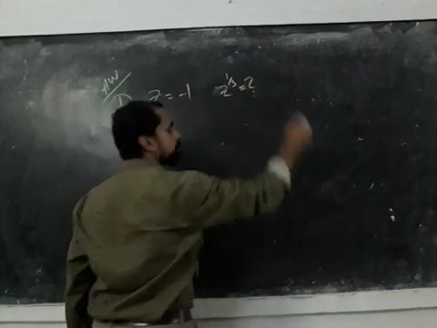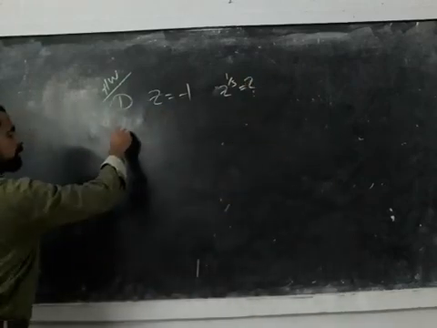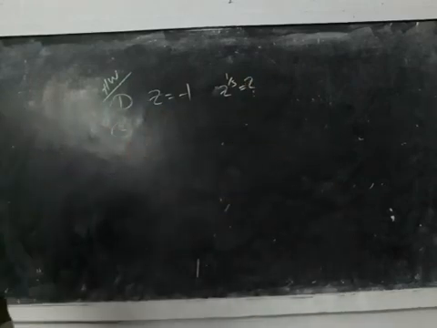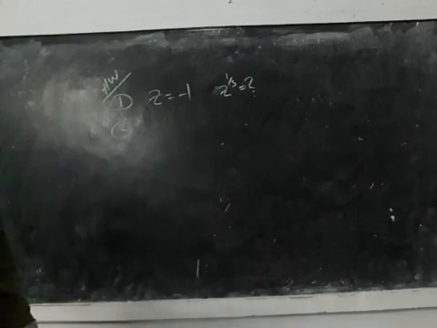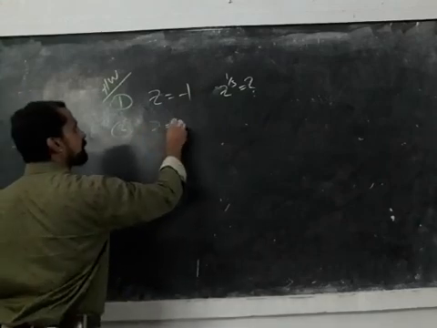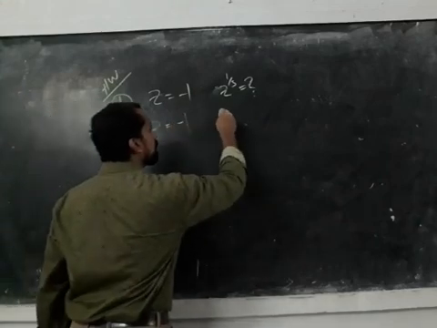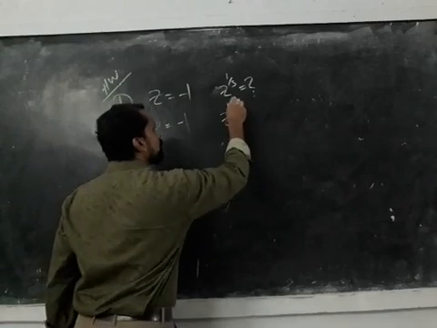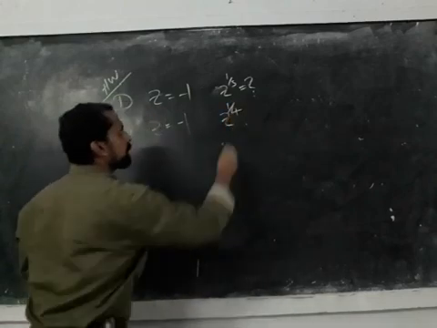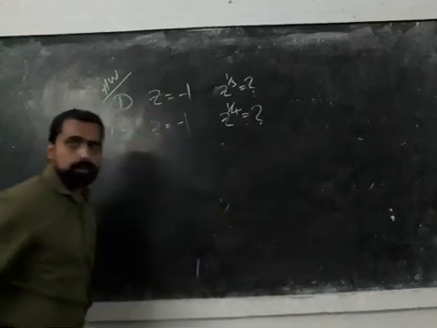The second homework: z is equal to minus 1 and you need the fourth root. This you have to find out.